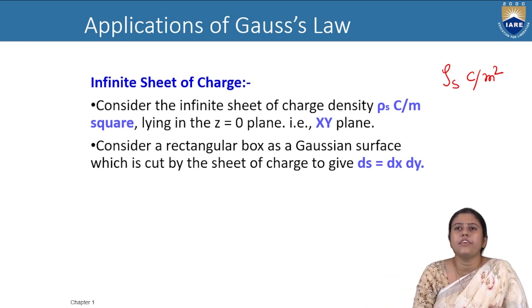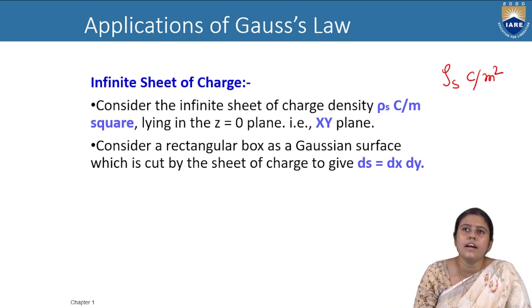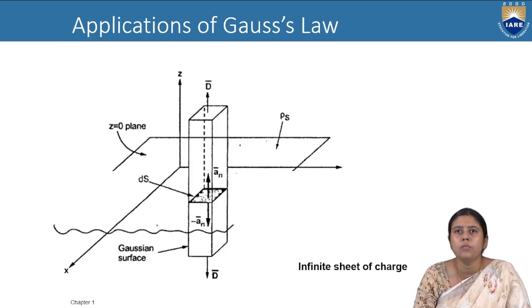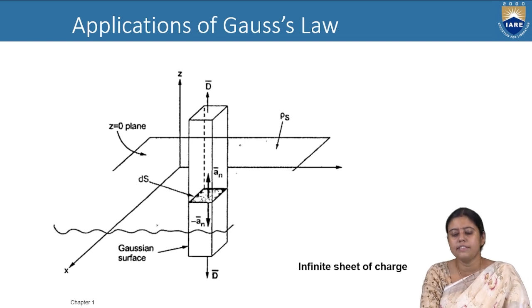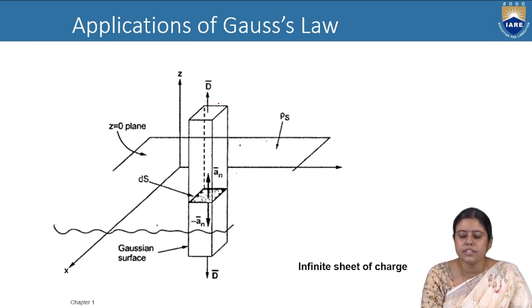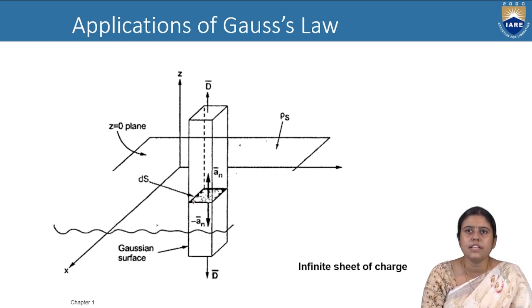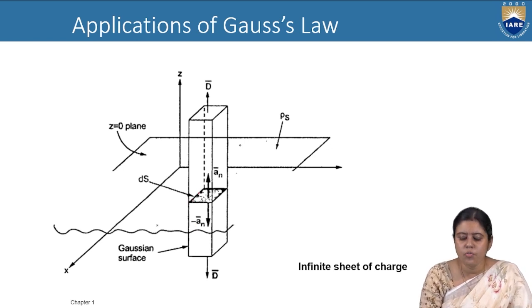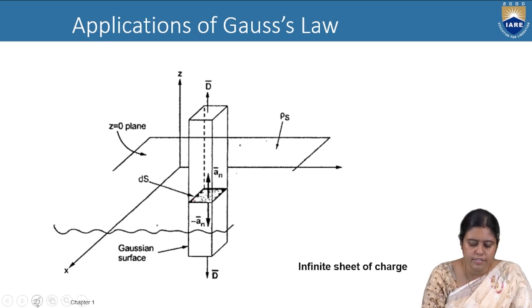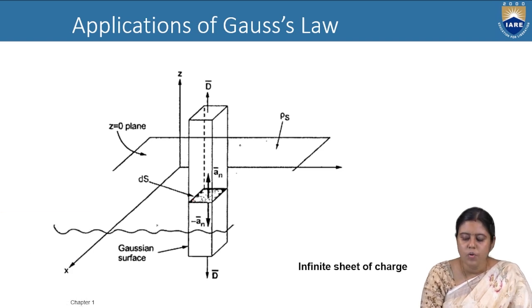And what is the surface area? The surface area is ds is equal to dx into dy. So just check this diagram. This is a box, and we are cutting a surface here.